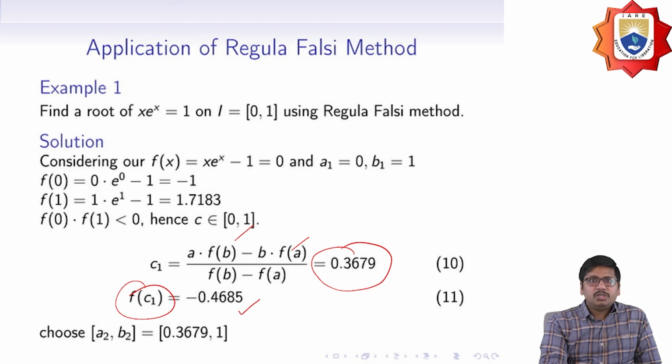That means the root is going to lie in between these values. Then choose a2 and b2. After this, these should be the a1 and b1 values, and now I'm going to choose a2, b2 as this one and this one. By substituting these values here, I'm going to get 0.369 and choose a2 and then b2.